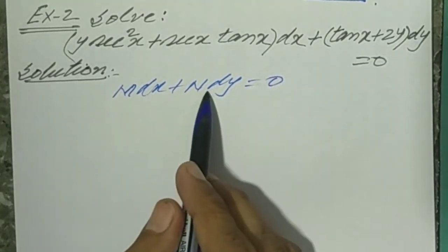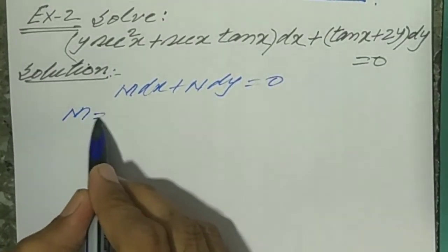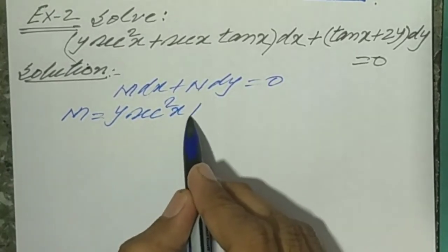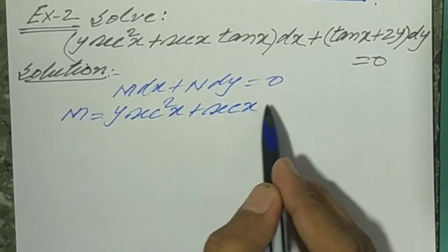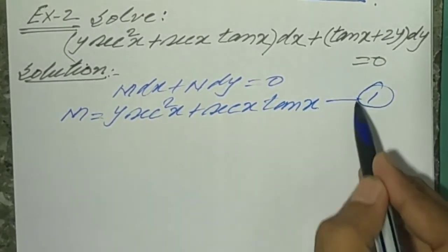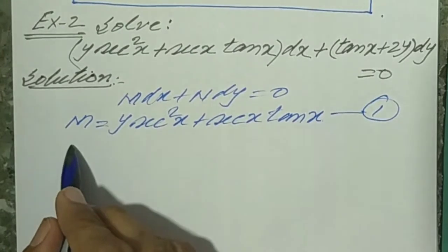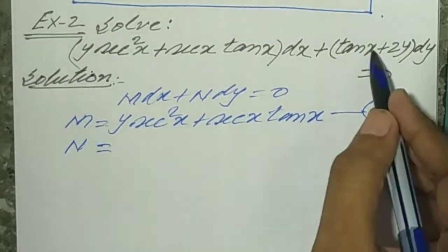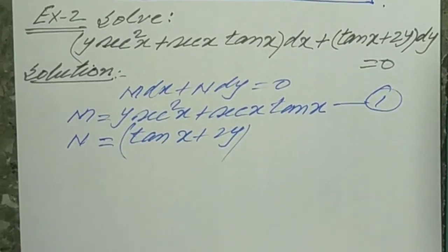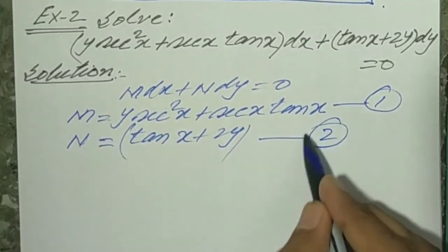So comparing with this, we get M is equal to y sec square x plus sec x tan x, let it be equation number 1, and N is equal to tan x plus 2y, let it be equation number 2.